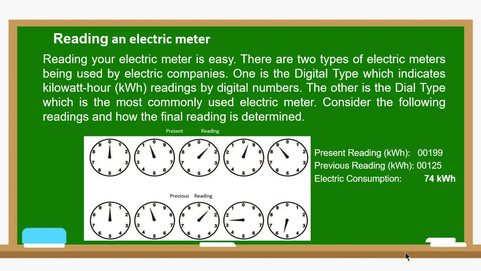Consider the following readings and how the final reading is determined. Present reading 00199. Previous reading 00125. And the electric consumption 74 kilowatt hour.